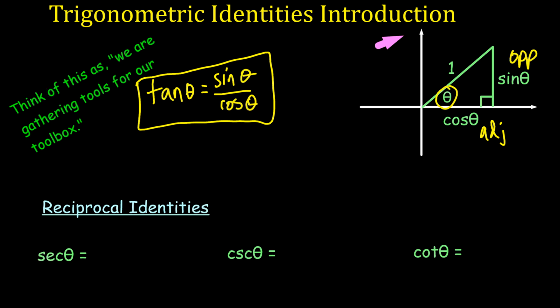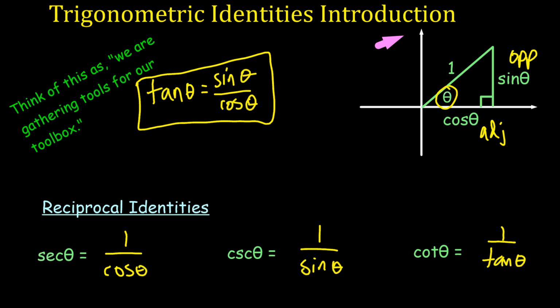Some other identities we've talked about in previous lessons: secant is 1 over cosine, the reciprocal of cosine. Cosecant is the reciprocal of sine. And cotangent is the reciprocal of tangent, so it'd be 1 over tangent.